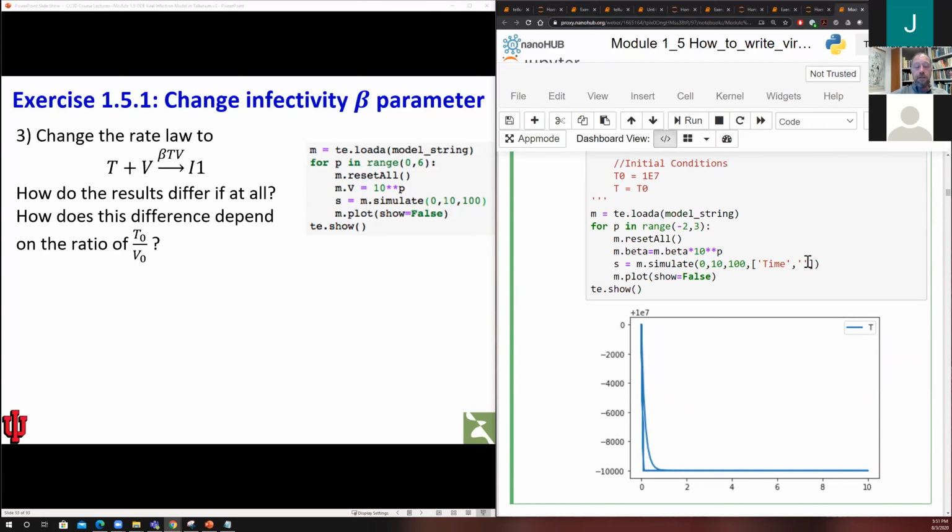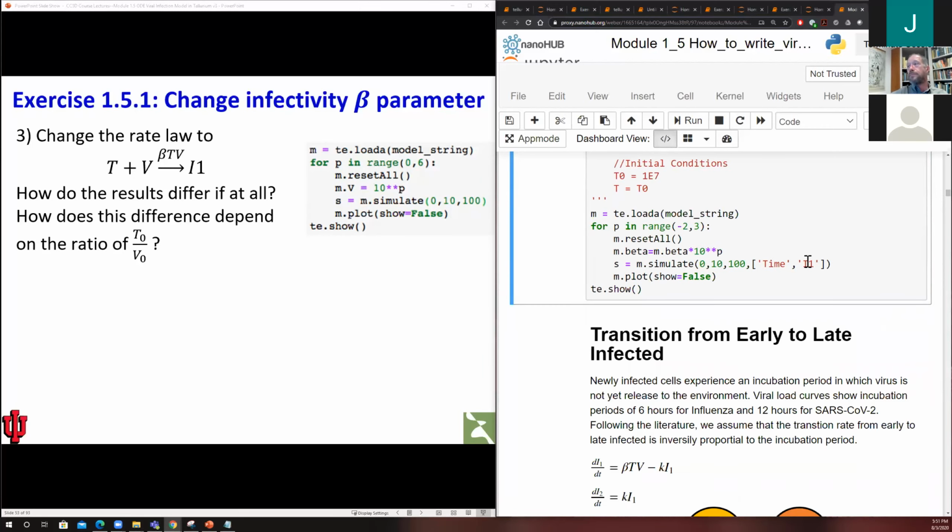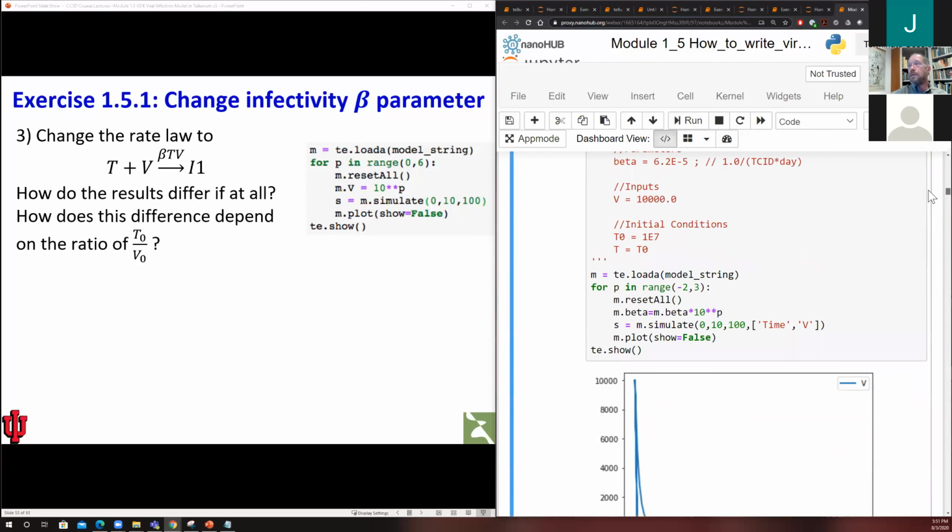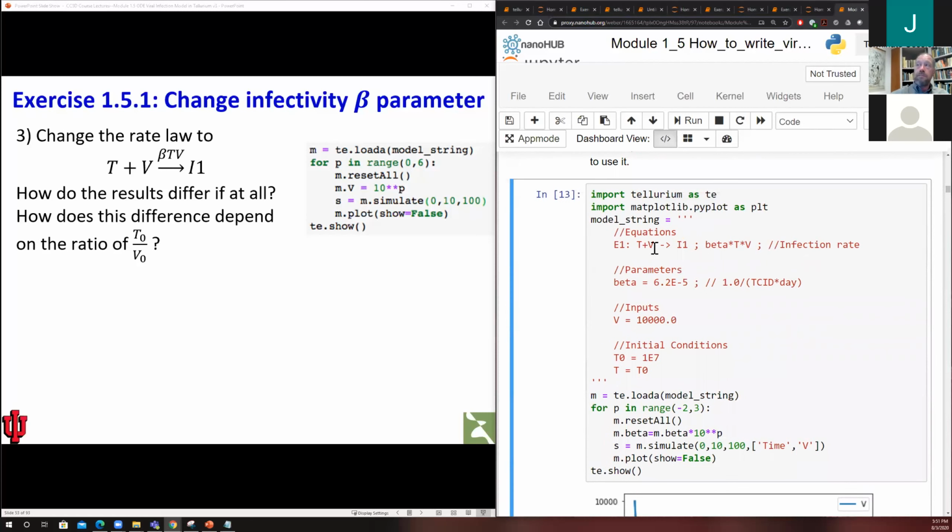What happens if I look at I2, I1? Goes up very fast. What happens if I look at the amount of virus? The amount of virus goes down very fast. So if I were going to use this model, I would have to recalibrate beta significantly to make it work.